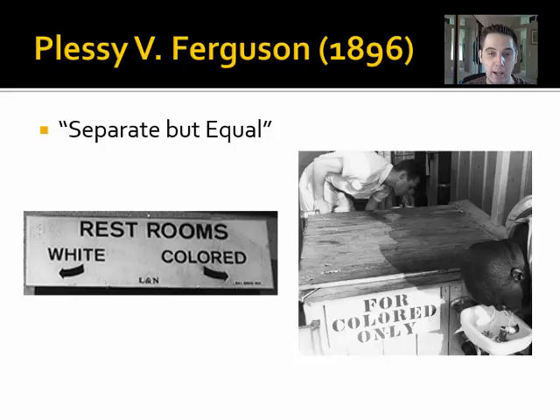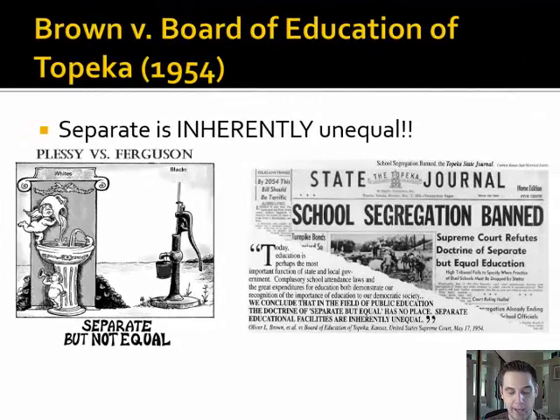And this was, unfortunately, a realization the court did not come to until almost a half century later. Brown versus Board of Education, Topeka, which was a Supreme Court decision handed down in 1954. That's where they decided that separate was inherently unequal.